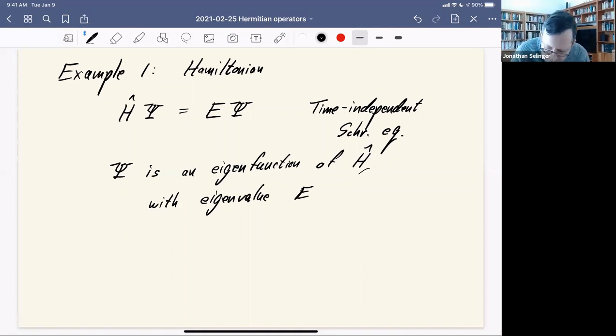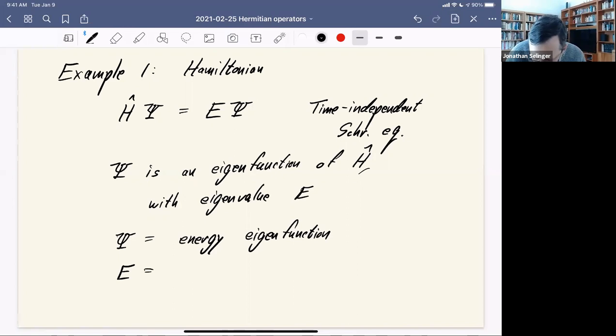People will sometimes use the words that psi is an energy eigenfunction and E is an energy eigenvalue.